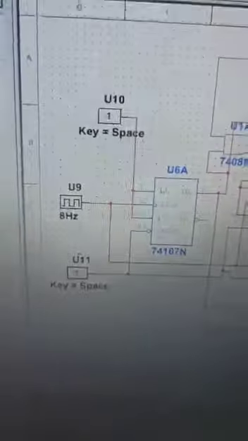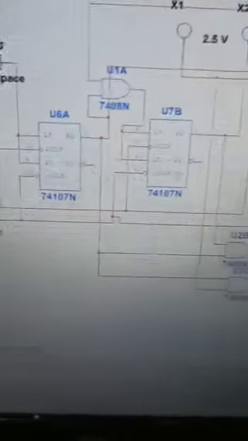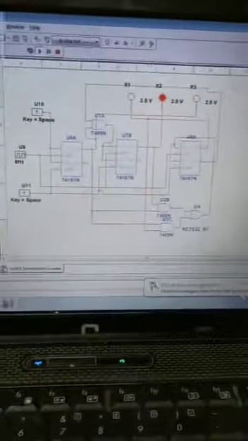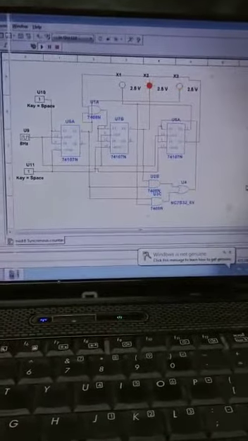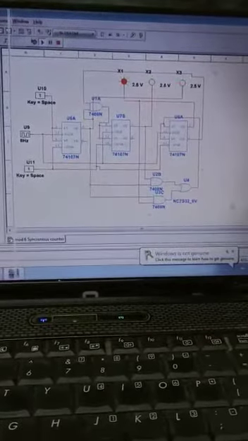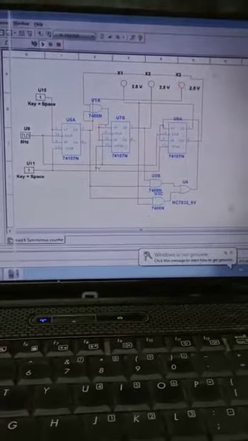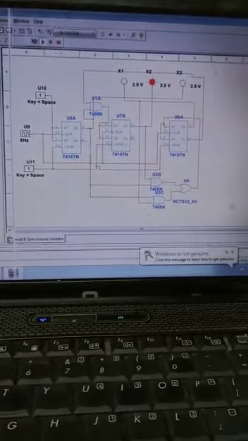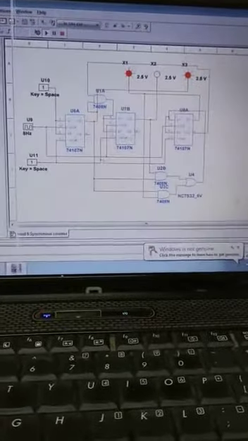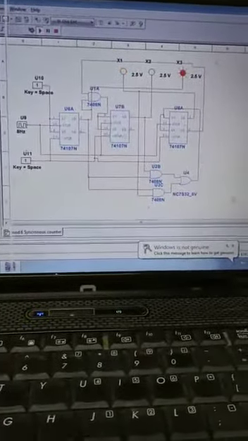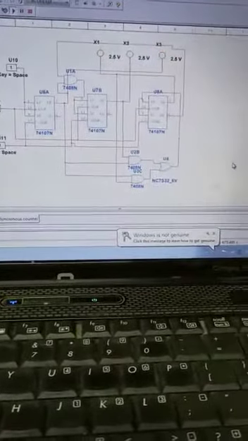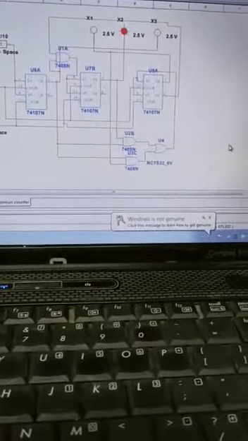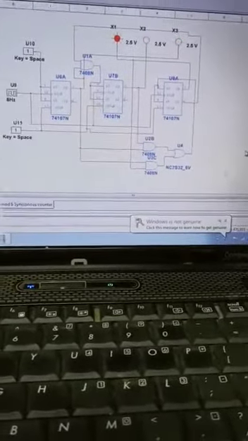Here see flip-flop 1, flip-flop 2 and flip-flop 3. The clock is given simultaneously. For T1 we have given logic 1. For T2 an AND gate is used, and for T3 two AND gates and one OR gate are used.